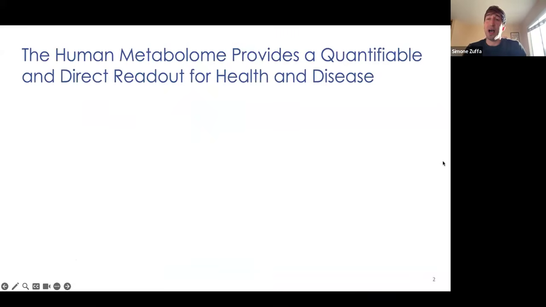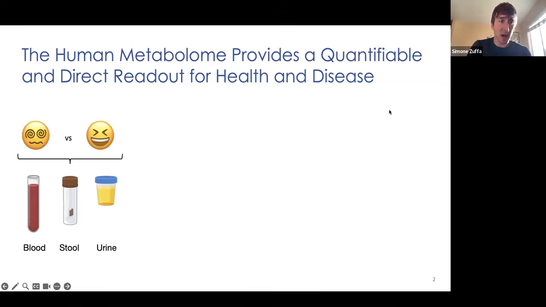As Allegra just mentioned, maybe I'm more oriented towards the clinical medicine and clinical metabolomics side of this field. And I'm really interested in how metabolomics can provide a proper readout of the phenotype that we observe in specific diseases. You are probably very familiar with this, but usually it works like this.